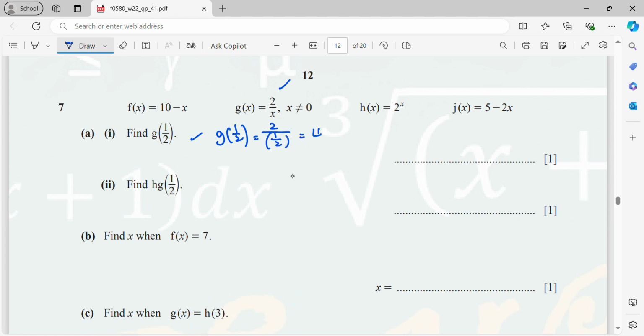Then this is going to be 4. Now part 2, hg(half). g(half) is already found just now. So hg(half) is the same as h(4) because g(half) is already found. So now h(4), replace the x by 4 in h(x). So 2 power 4, that is 16.